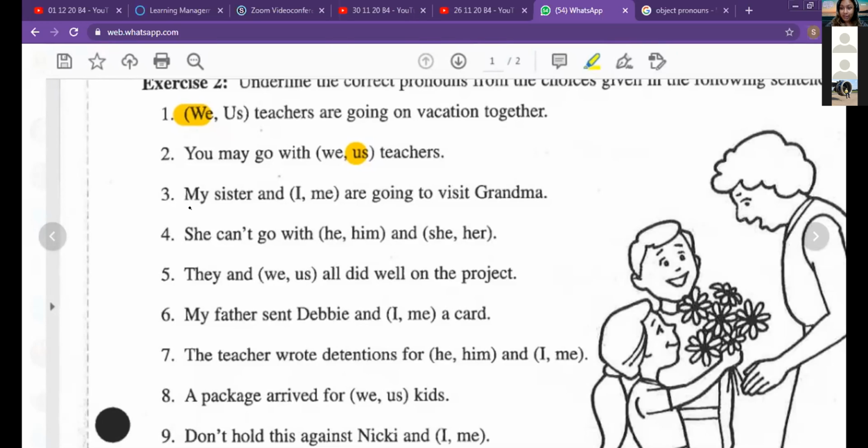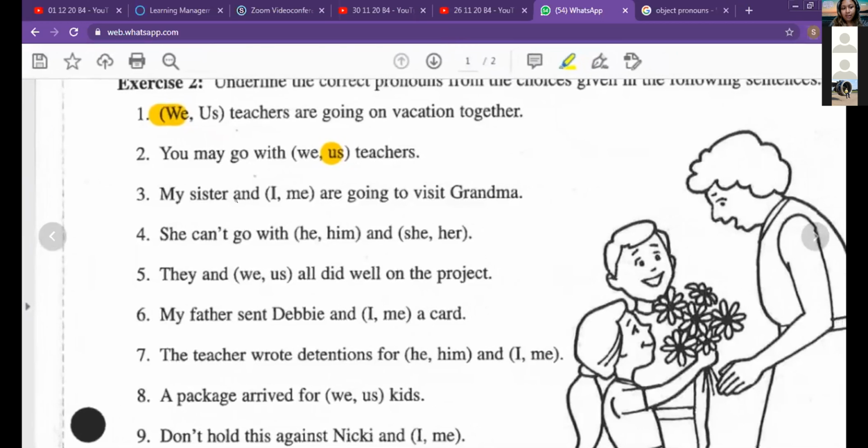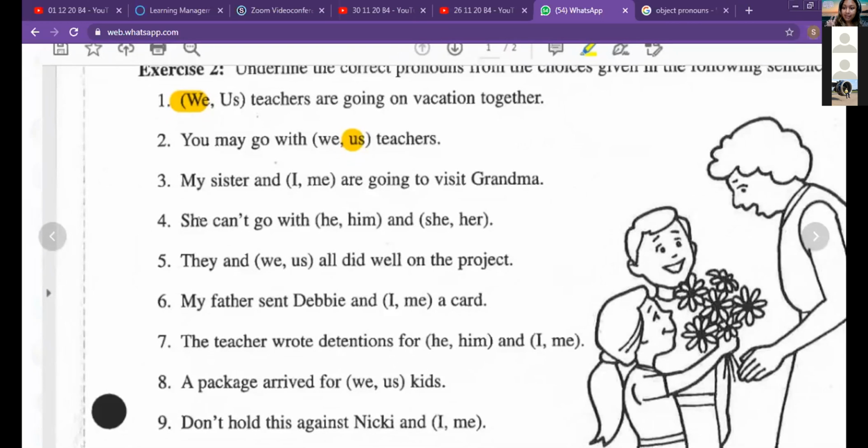Subject pronoun. We need to use a subject pronoun because if I ask who, I want to identify the person. So it's like saying she. My sister is she. Since we are identifying people, I have to say my sister and I. Why I?